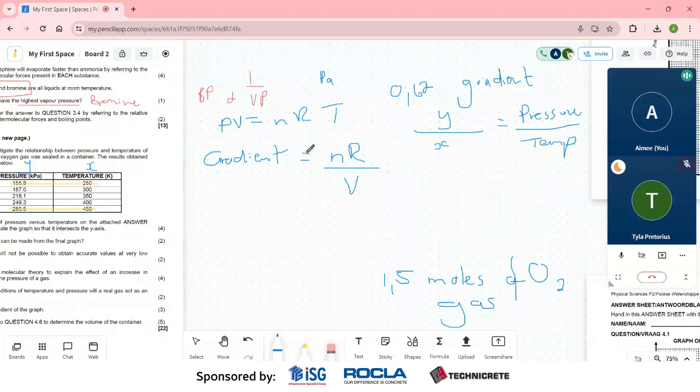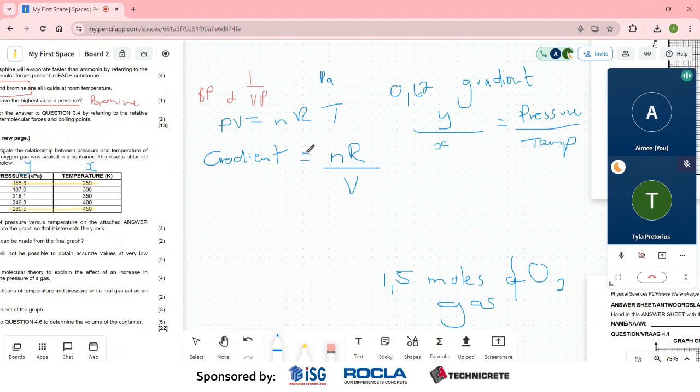I think I might have said that the wrong way around because we're converting from kilopascals to pascals. I said it the wrong way around, but the principle remains the same.